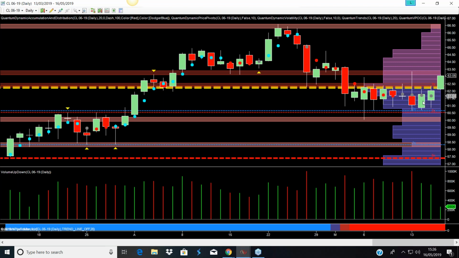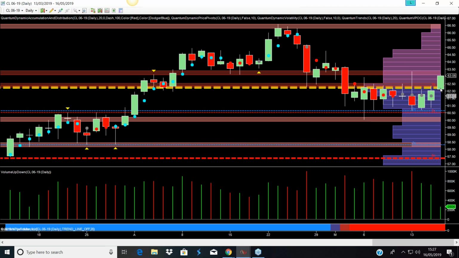Now, what is interesting, over the last 2 sessions, we've actually found a base at just over 60.50, 60.60. We've actually had 2 consecutive up days that ran straight into the volume point of control, from where you can see it actually fell back on each previous occasion.